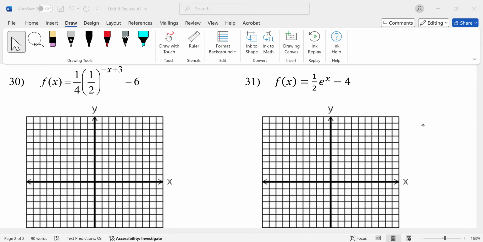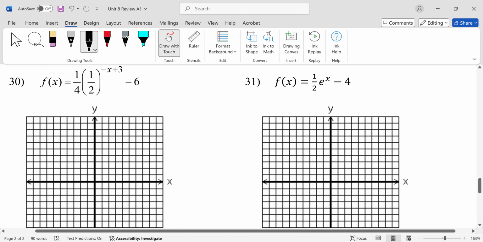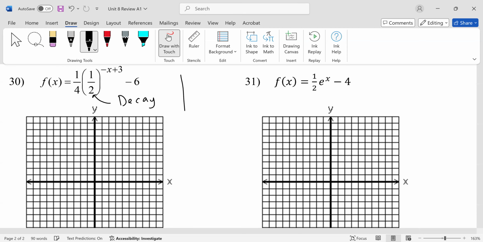Okay, this one, guys, is this growth or decay? This is decay. So normally your decay graph will look like this. However, you have a negative on the x. When you have a negative on the x, this means it's going to reflect across the y-axis, not the x-axis.